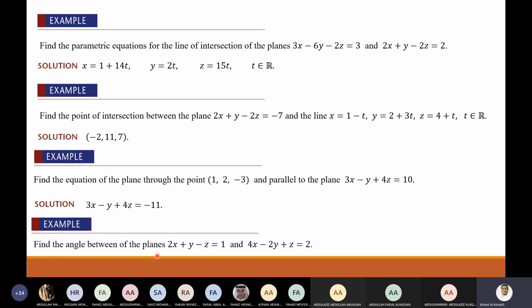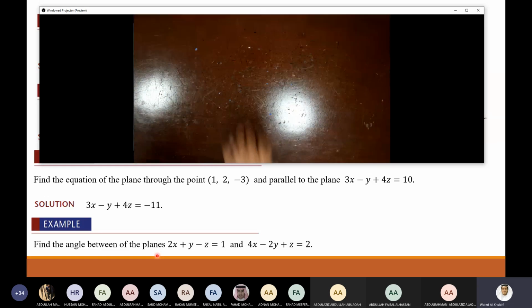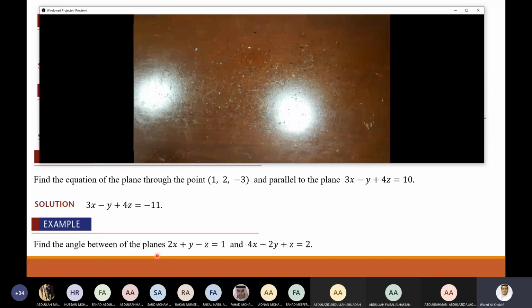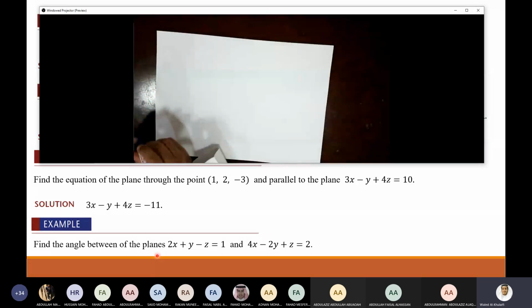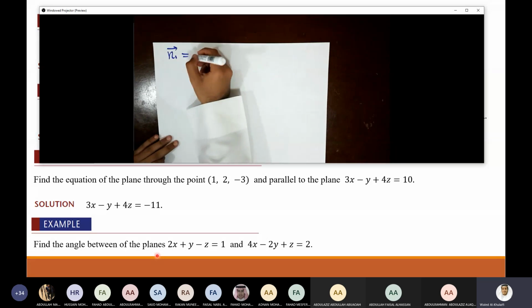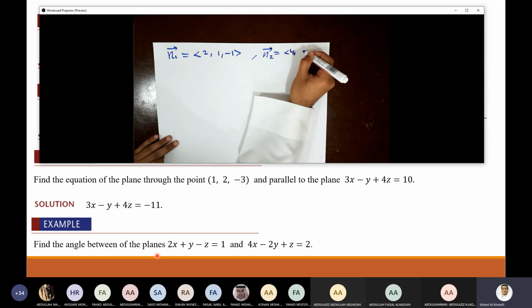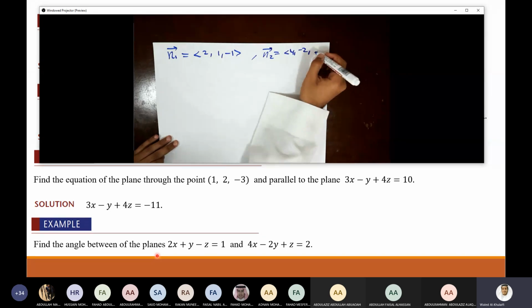Find the angle between two planes, Shabab. Actually, there is one question. How to find the angle between two planes? To find the angle between two planes, we need to find two normal vectors. The first normal vector is 2, 1, negative 1. The second normal vector is 4, negative 2, and 1.